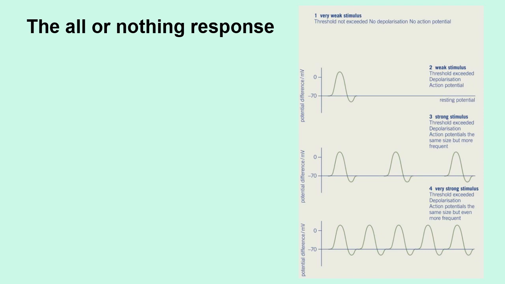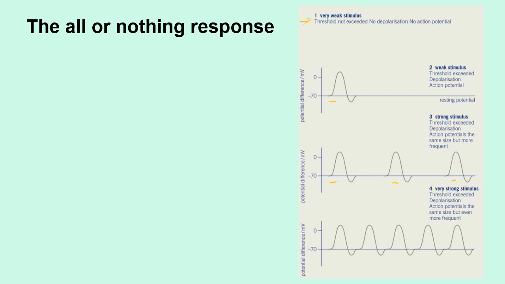So what we have on this image: if there's a very weak stimulus, we're not going to get an action potential. If we get past threshold with a weak stimulus, we get an action potential. If the stimulus is a bit bigger, we'll have action potentials with little pauses in between.